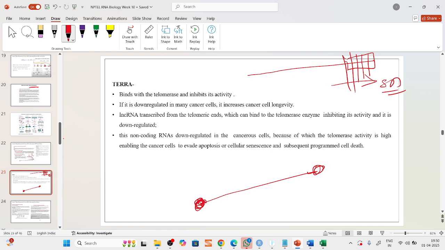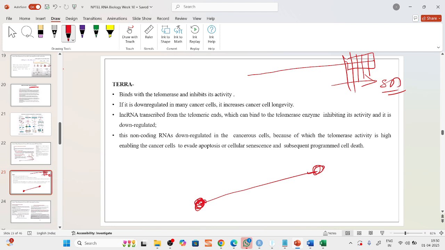So in this case, TERRA binds with the telomerase enzyme and inhibits its activity. Telomerase is the enzyme responsible for producing telomeres at the end. If we inhibit this enzyme, telomere renewal will get stopped.